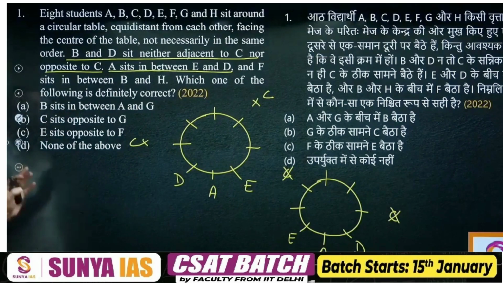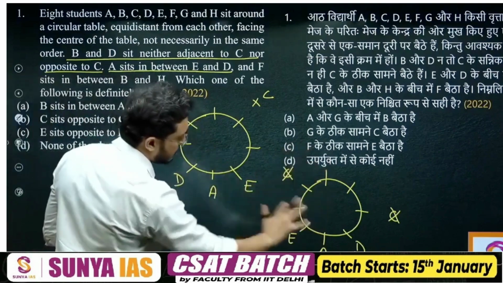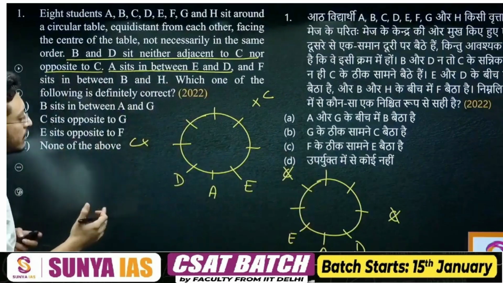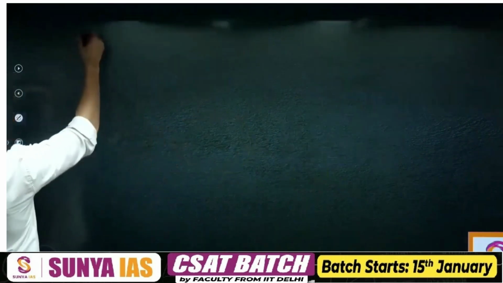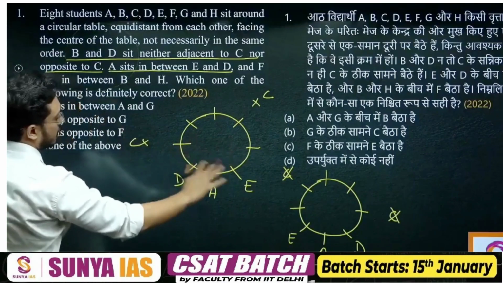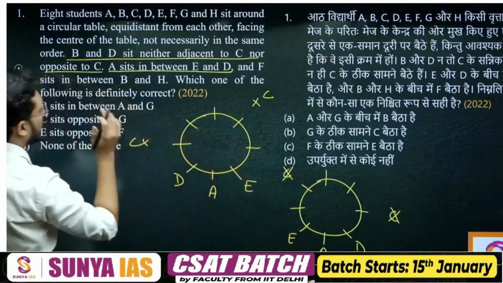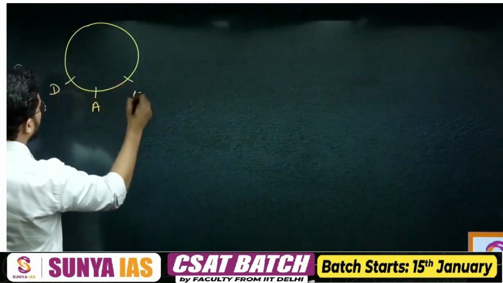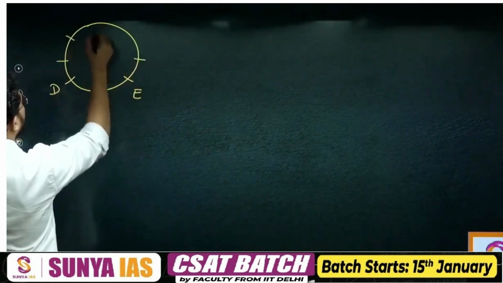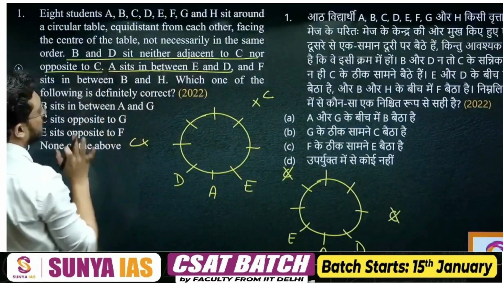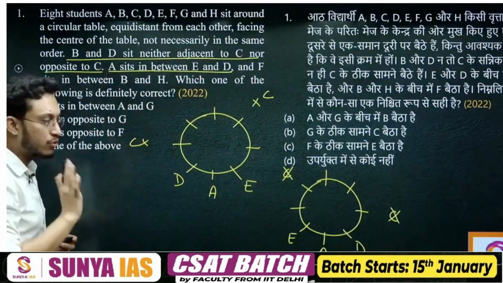Here we will have to now make various cases satisfying this criteria. So let's start making cases. I'll be needing more space. I'll make a few cases here. I'm just making cases with this, and let's see if we are reaching the answer or not. It is given that C is not adjacent or opposite to B and D, so I'll focus on this.